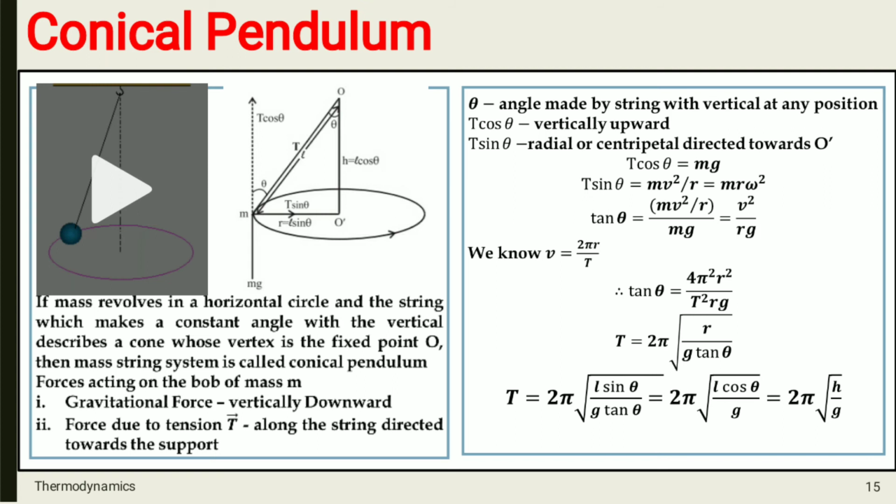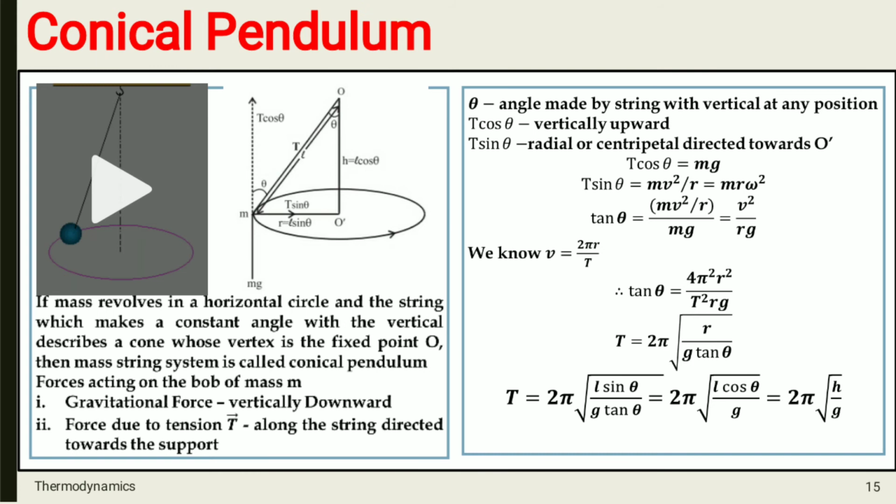In a simple pendulum, a mass m is suspended by a string of length L and moves along an arc of a vertical circle, just like the pendulum in a watch, or a swing. This is an example of a simple pendulum.